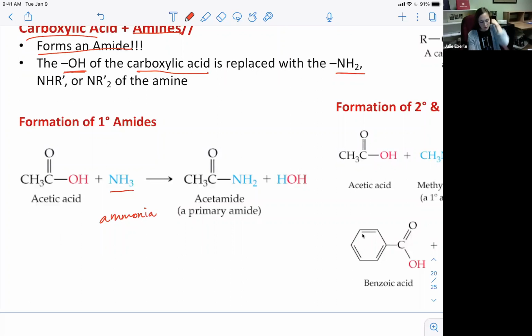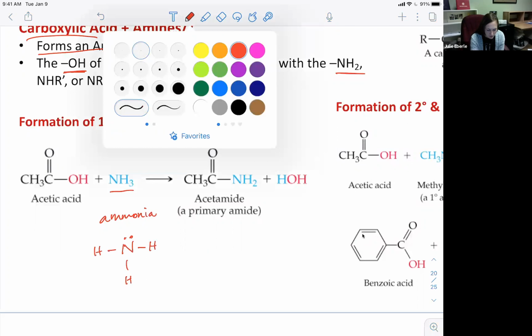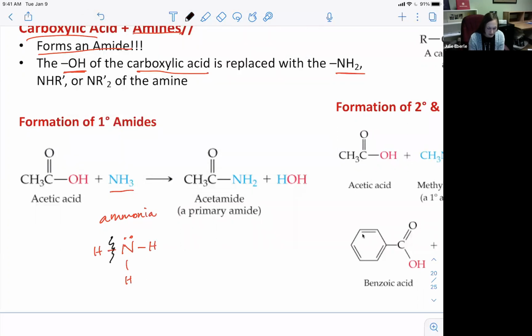Okay. So I'm going to draw ammonia out. Looks like that. So all we're going to do here is we're going to break one of these hydrogens off. And that OH and that hydrogen, that's what's going to give us water. HOH. So that's what's going to make water. And then the rest of this group, I'll box it in blue since it's typed in blue.